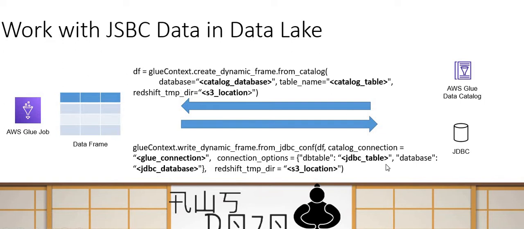Provide your JDBC table name, so with this name the table will be created for this data frame data, along with my database name and my temporary location. Again, exactly like Redshift, because Redshift is also a JDBC endpoint. So all JDBC endpoints, irrespective of database engines, work in a similar way.